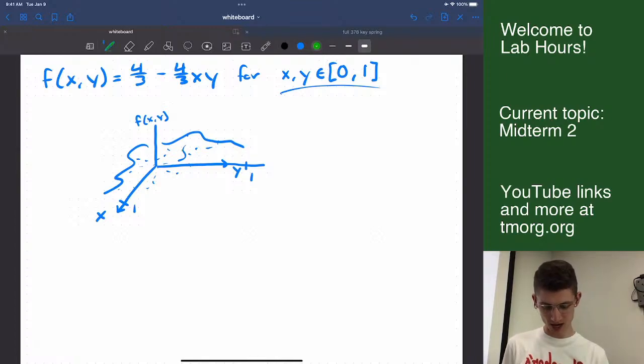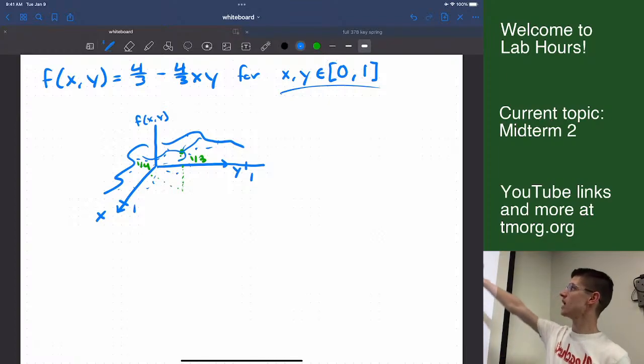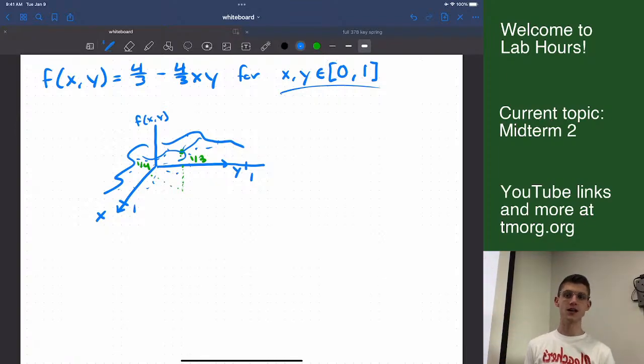If I took this point right here and said it was at, let's say, 1/3 at y and 1/4 at x, then the point on the curvy surface of f of xy, where it actually gives me the result, you can think of that as the probability of getting y equal to 1/3 and x equal to 1/4 at the same time. Fun stuff, right?